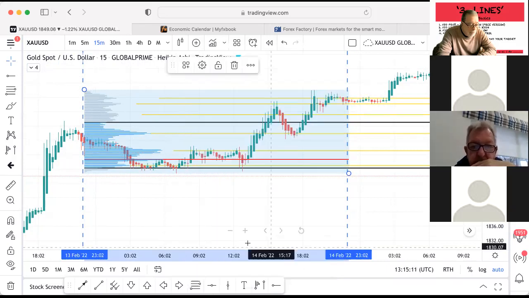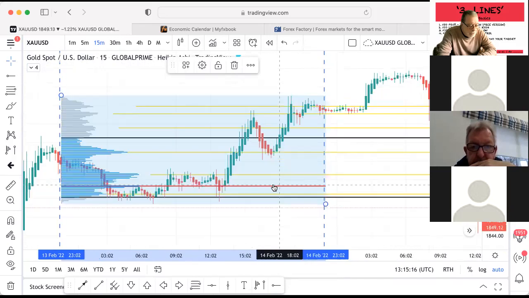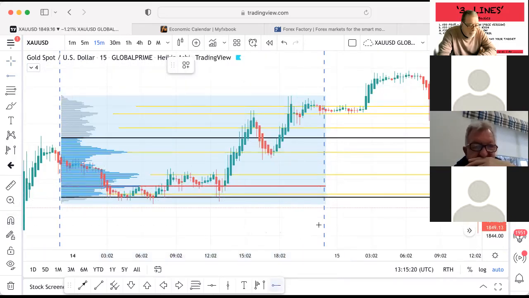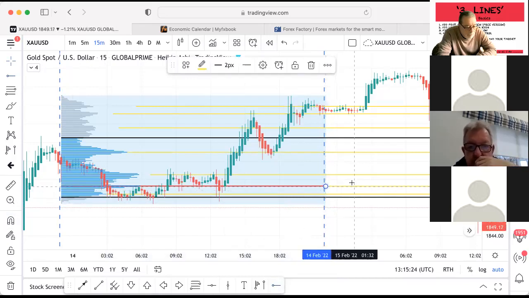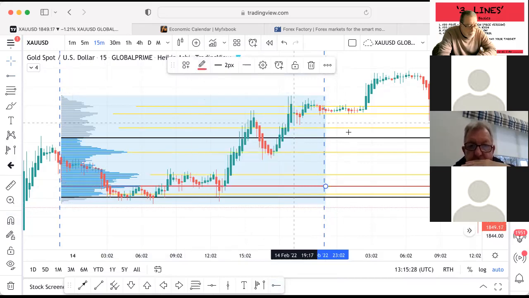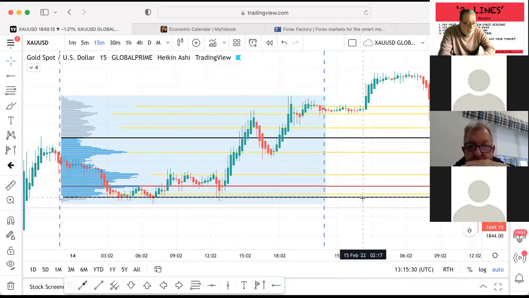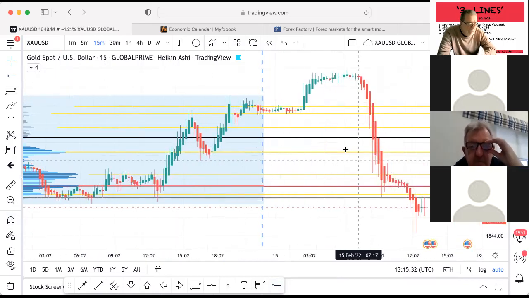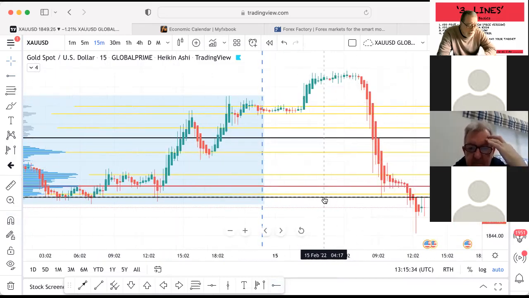I've got mine red, and there it is. What we need to do is extend that line into today's trading. So we put it there and make it right. There we go.